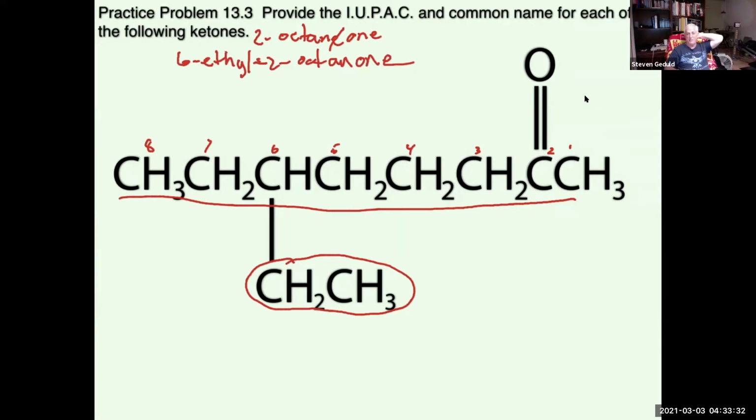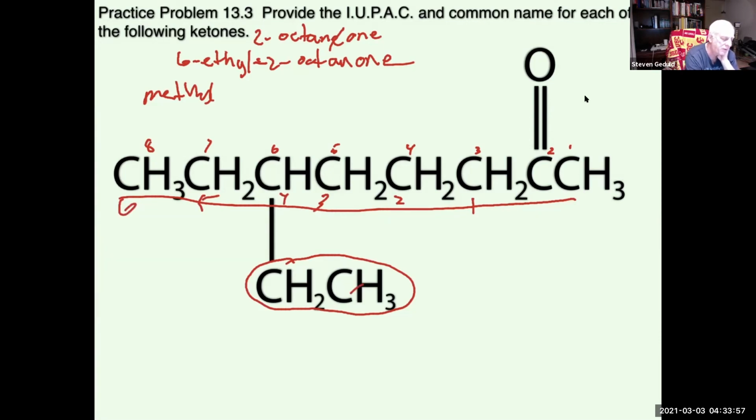Now, the common name, we have 2 groups attached to it. One group is a methyl group. That's your smaller group. And then here is attachment 1, 2, 3, 4, 5, 6. So this is hexyl. I'll get this right this time. And at number 4, we have an ethyl group.